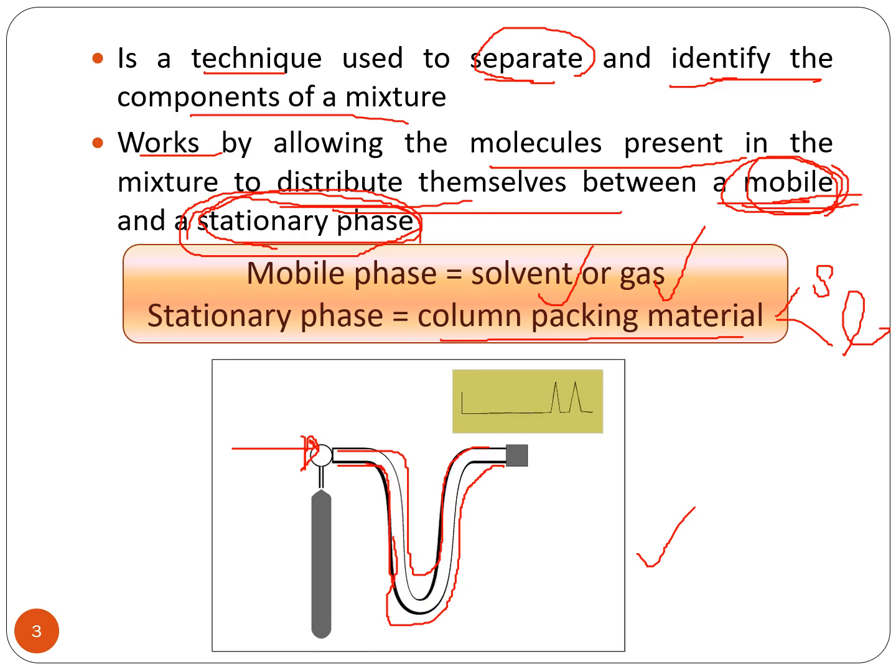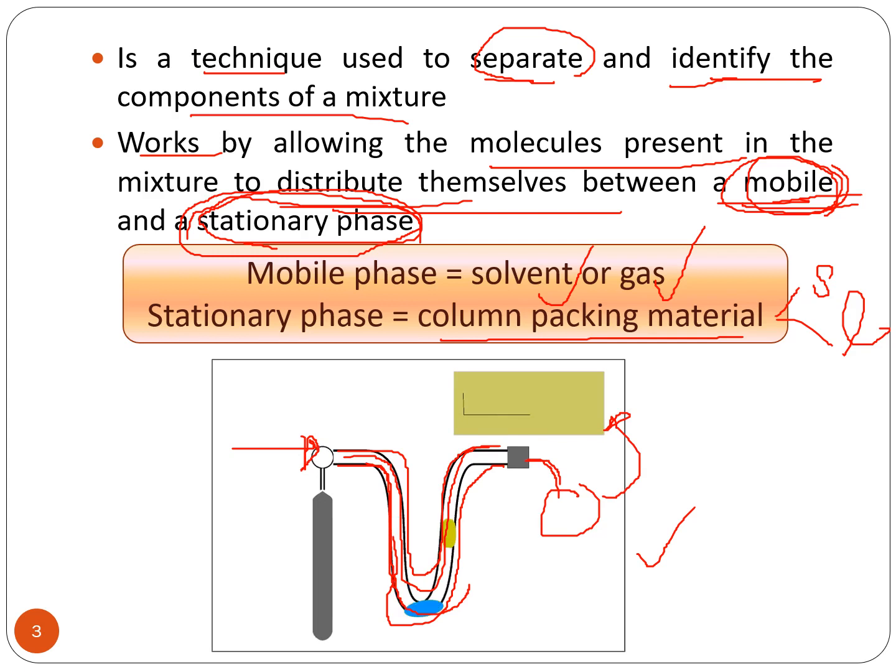Okay, dalam kolom ni ada stationary phase, and then komponen dia bergerak due to the mobile phase. So, macam mana kita nak tahu apa yang keluar, apa yang akan being eluted and being detected by the detector dan keluar graph macam ni.